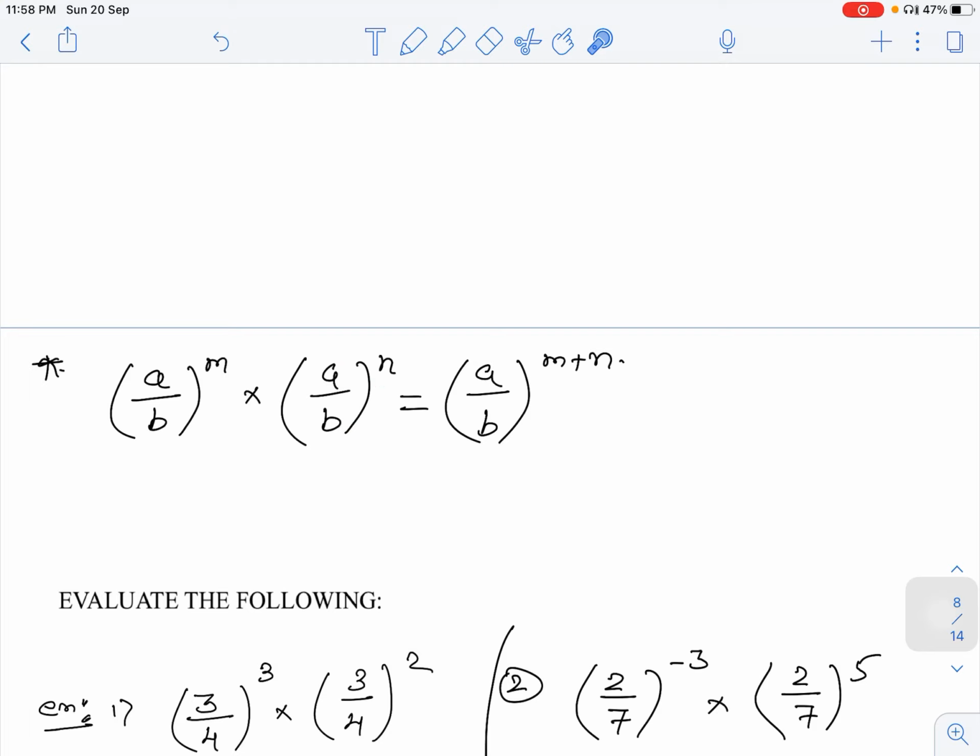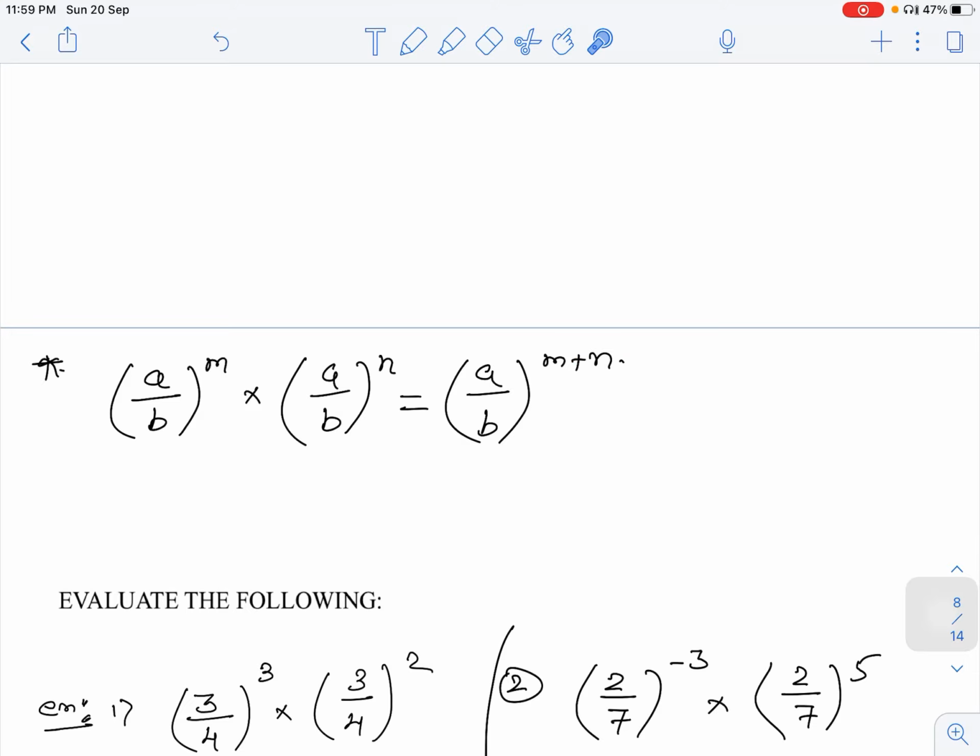In other words, when two numbers having the same base and different powers are multiplied with each other, we write the base only one time and the powers are added. Again, listen: when two numbers having the same base and different powers are multiplied, we write the base only one time and we add the powers.